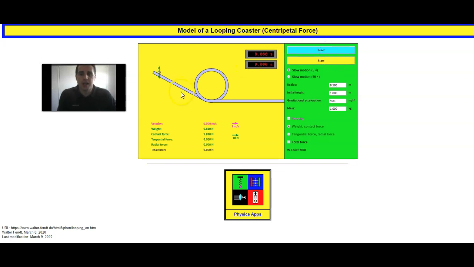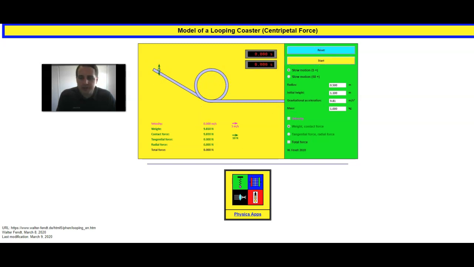So let's reset again. Notice if we go just a little bit higher it is not going to be enough. So 1.1. Notice now we've made the incline larger, so it starts off at a higher height. Still not enough. We shouldn't just guess.